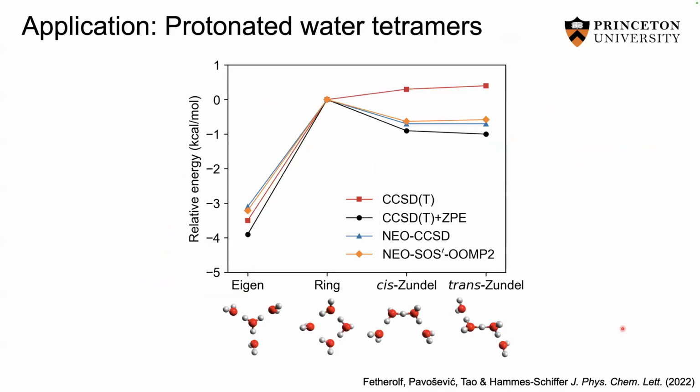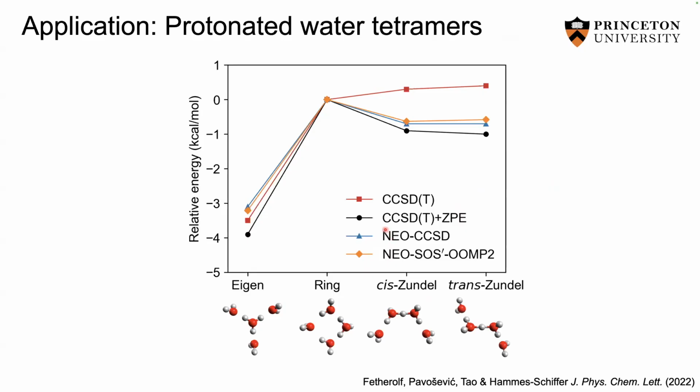So now I'll revisit the application that I spoke about earlier, where we're looking at the relative energies of these protonated water tetramers. And as I pointed out before, in the conventional case, with and without a 0 point energy correction, we get qualitatively different trends in the relative energy of these different isomers.